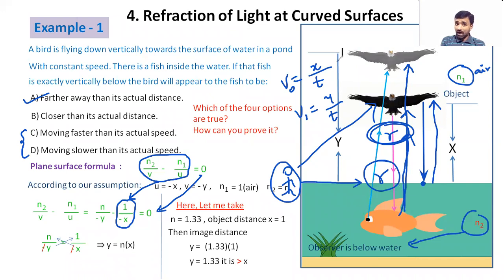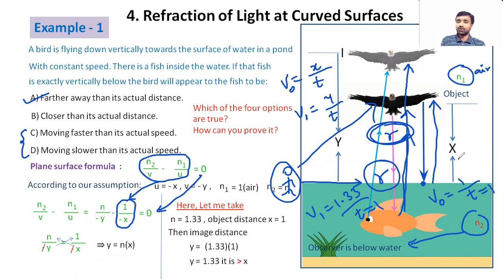Already I assumed y equals 1.33. So V1 equals 1.33 by T, and V naught, the object velocity, equals 1 by T. To reach in the same time, suppose I take the time as 1 second.